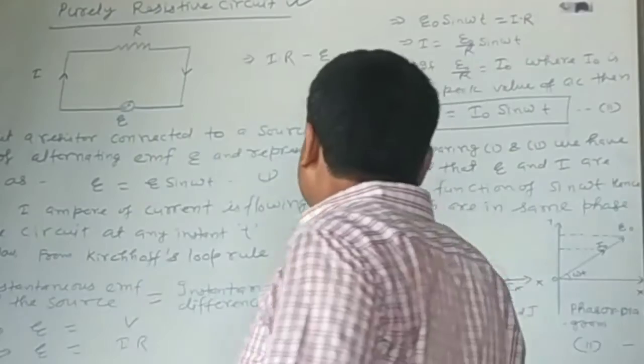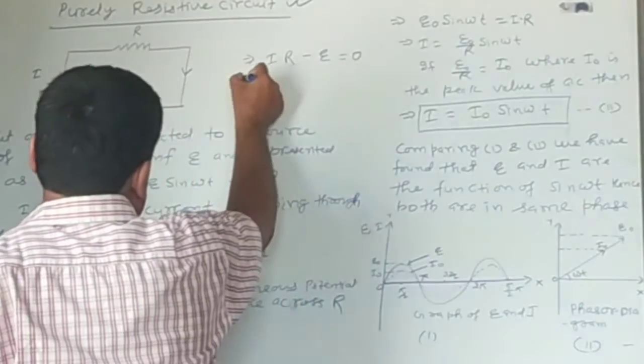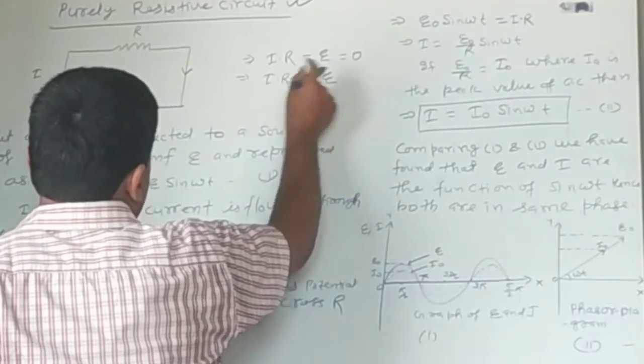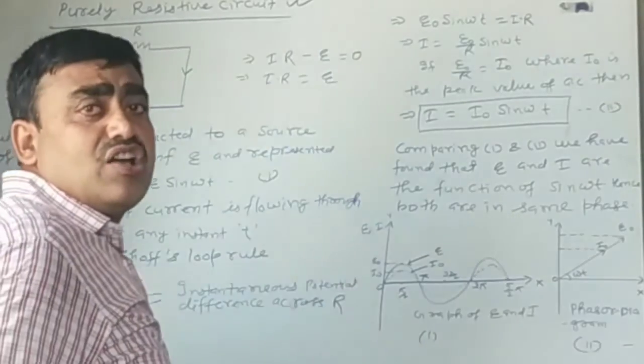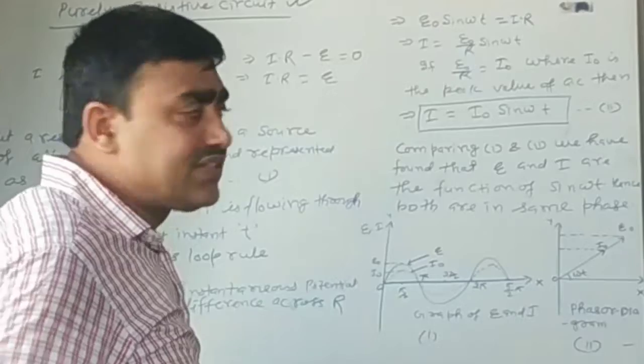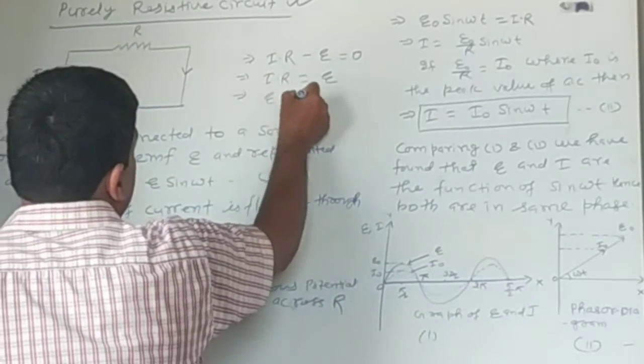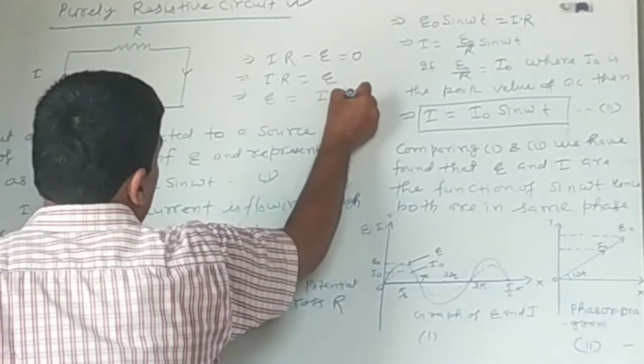That implies I into R is equal to E. Here I into R is the potential drop across the circuit. It is also written as E is equal to I into R.